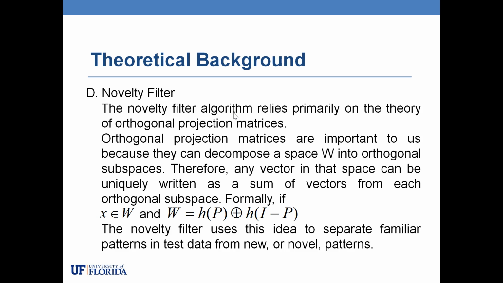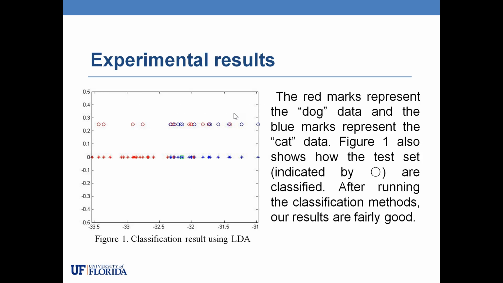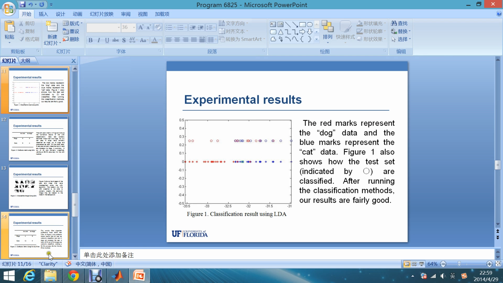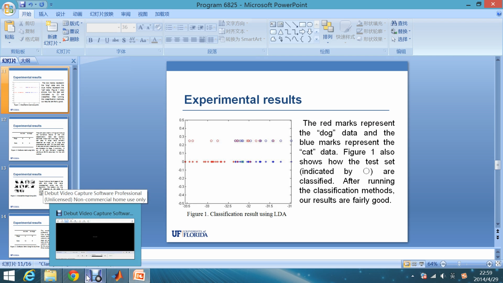Therefore, any vector in that space can be written as a sum of vectors from each subspace. The novelty filter uses this idea to separate known patterns in test data from new or unknown patterns. Then let's run the program.